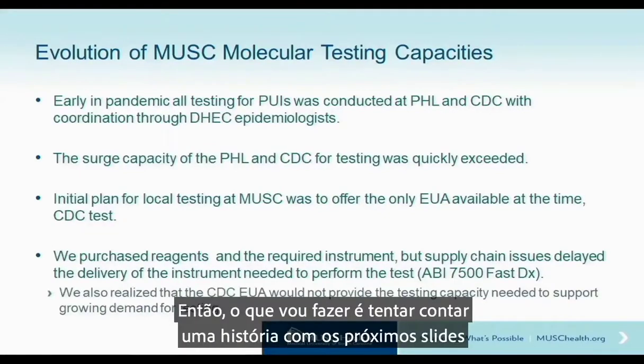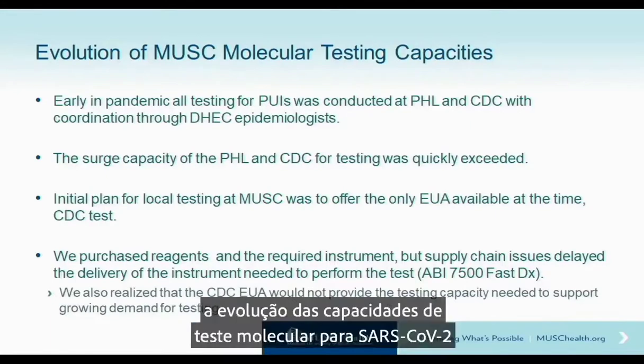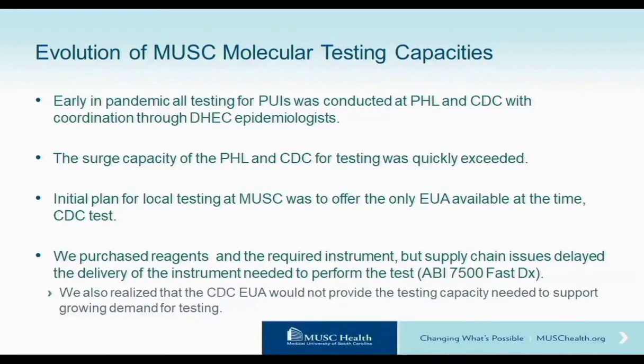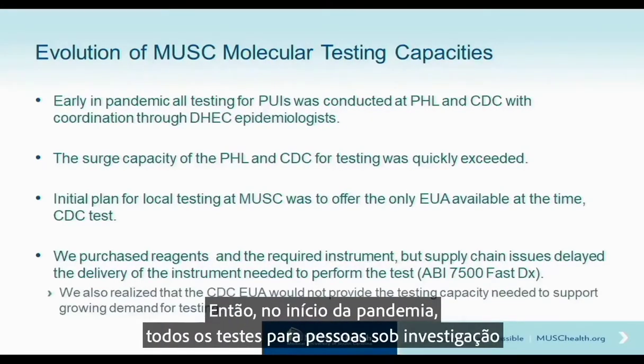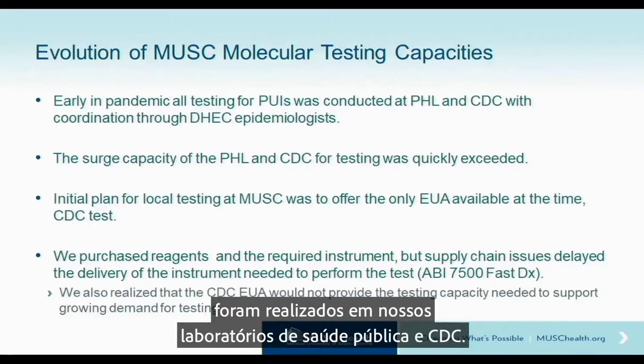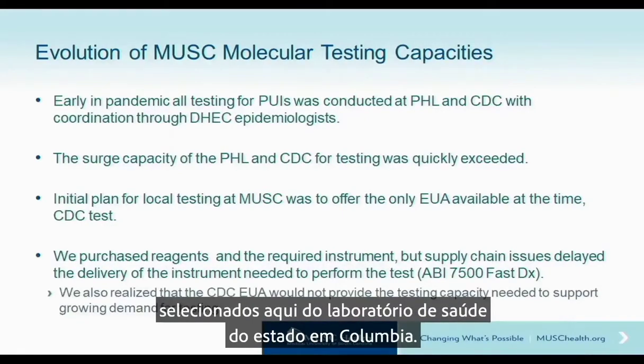So what I'm going to do is try to tell a story with the next few slides and take you through one lab's experience, the evolution of molecular testing capacities for SARS-CoV-2 here at the Medical University of South Carolina. Early in the pandemic, all testing for persons under investigation was conducted at our public health and CDC laboratories, and it was all coordinated through our local epidemiologists that were tasked here from the State Health Lab in Columbia.